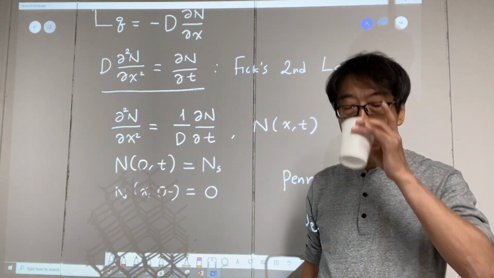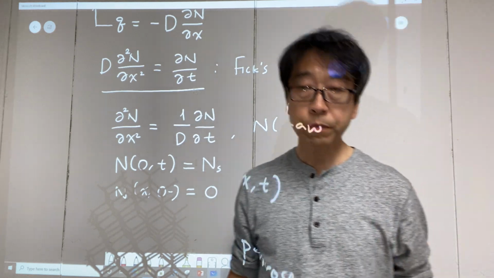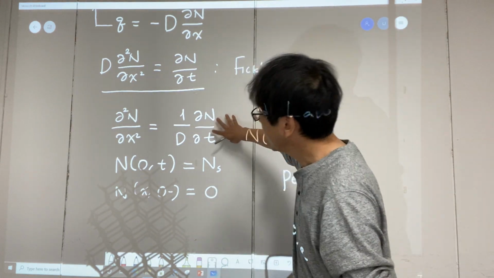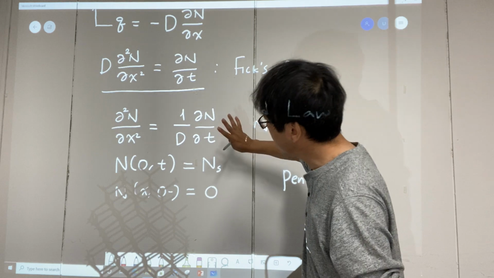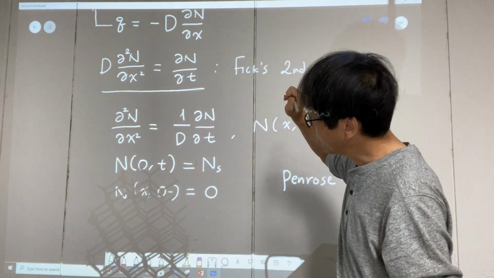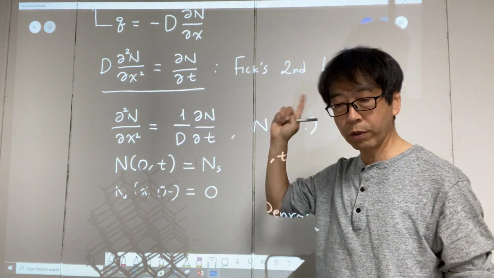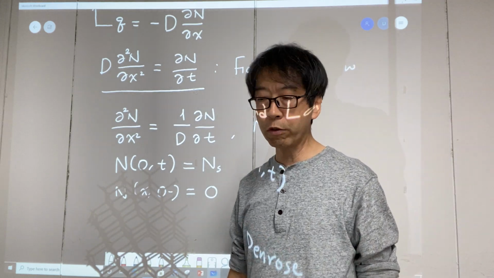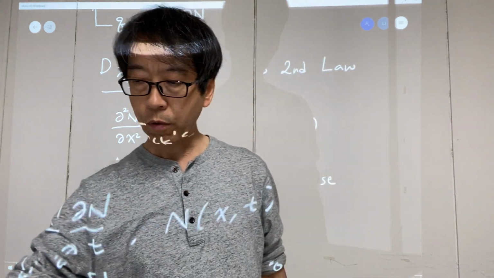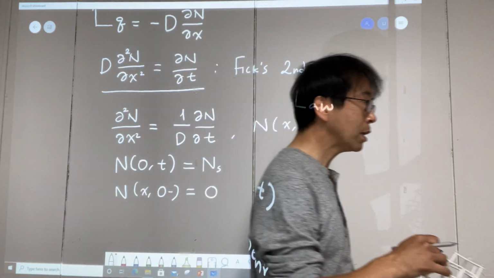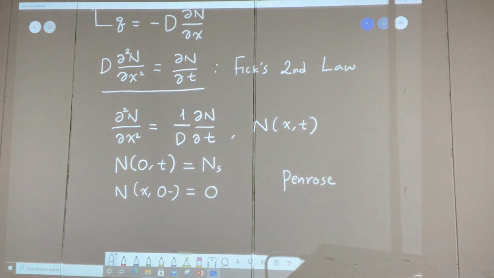So you got the equation, and you got the boundary condition, and you got the initial condition all together. And now we are ready to solve this with a special method. What is that special method?